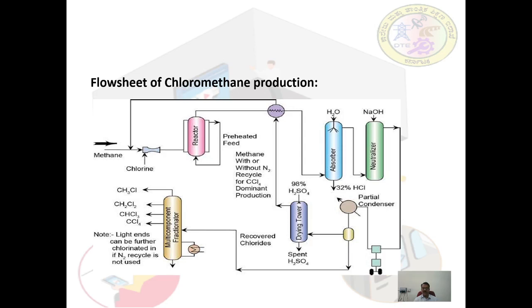The methane to chlorine ratio is chosen. The product gases enter the integrated heat exchanger that receives separate methane or a mixture of methane and nitrogen, and get cooled from the furnace exit temperature of 400 degrees centigrade.